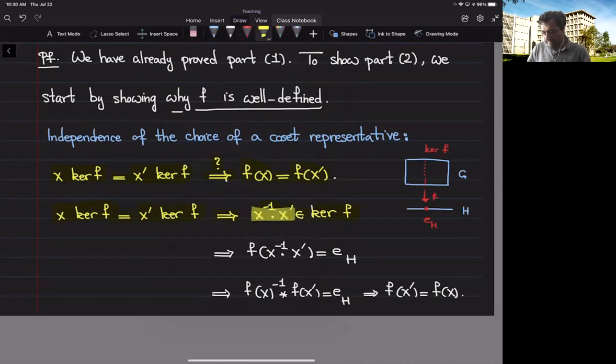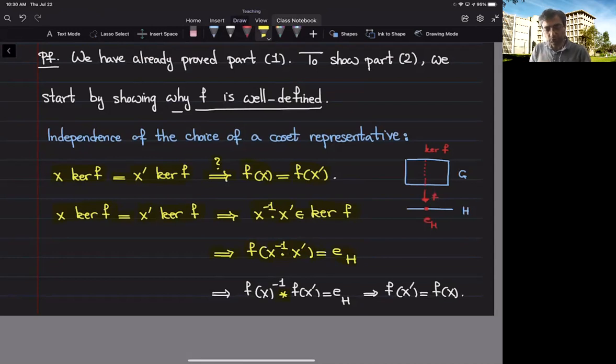So knowing that X inverse X prime belongs to the kernel of F, I can deduce that when I apply F to this element, I end up getting the neutral element of the codomain. Now, F is a group homomorphism. That means it preserves the operation. So F of product is product of F's, but here the operation of the codomain is denoted by star. So I have to change this dot to star.